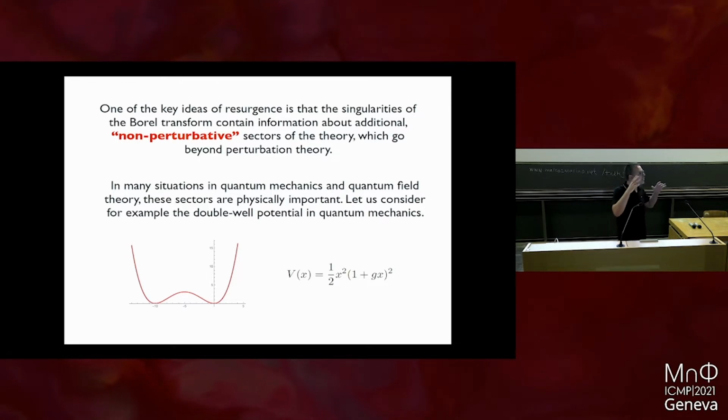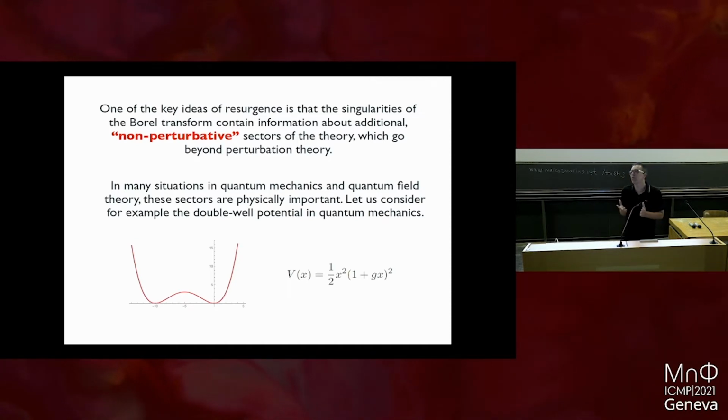So in a sense, you can think about the Borel plane as a rabbit hole in Alice in Wonderland, and going through this rabbit hole, you will find things that were not at all manifest in the original problem you started with. Let me give you a physical situation in which these Borel singularities turn out to give you information that was not manifest from perturbation theory.